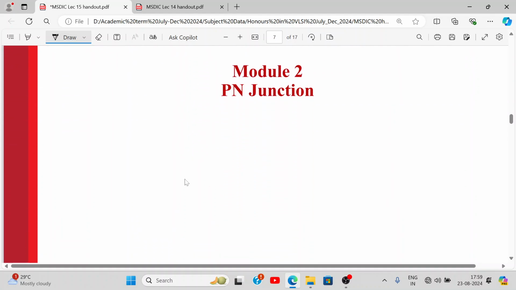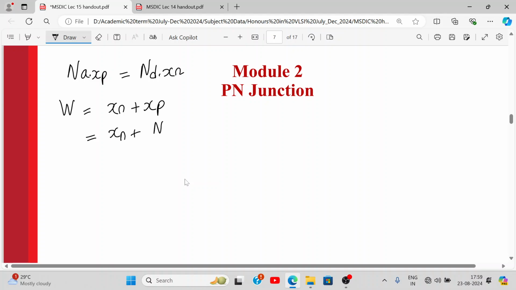Next. It's still not over. So you remember this equation, Na Xp equals Nd Xn. Yes or no? What is W given by? Xn plus Xp. So here I'll substitute Xn plus, what is Xp? Nd upon Na into Xn.